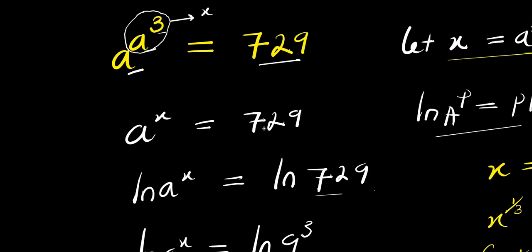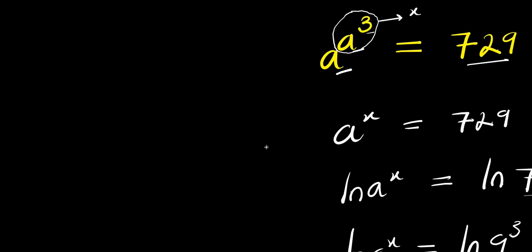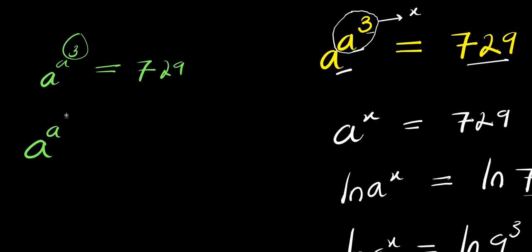So let's also solve this problem using a different method. a power 3 equals 729. Now we have our 3 here. I can raise each part of this equation to the power of 3. I have a power 3 raised to the power of 3 equals 729 to the power of 3.